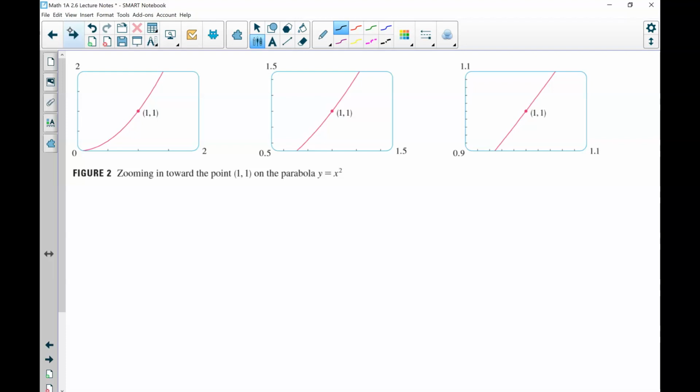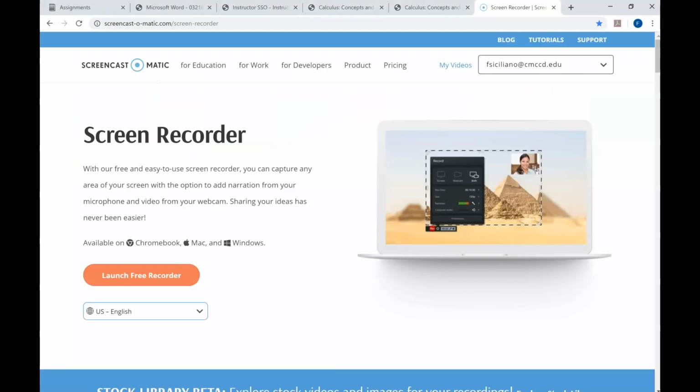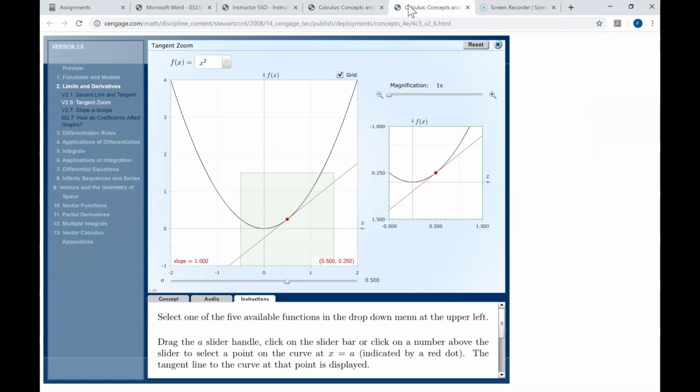So the more that we zoom in, the more the parabola looks like a line. In other words, the curve becomes almost indistinguishable from its tangent line. As you zoom in further and further to the right, it becomes a possible straight line there. Now, let's go ahead and take a look at an animation of this situation.